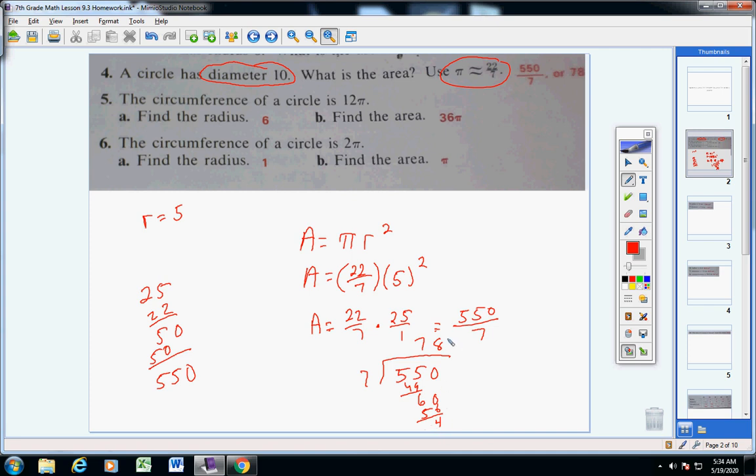Remainder of 4. So your 4 goes over your 7. So your answer is 78 and 4/7 units squared. Okay, guys, so we're just using this formula here over and over to help us find the area of circles. Alright? Okay.